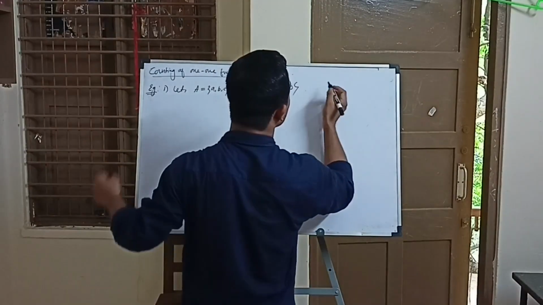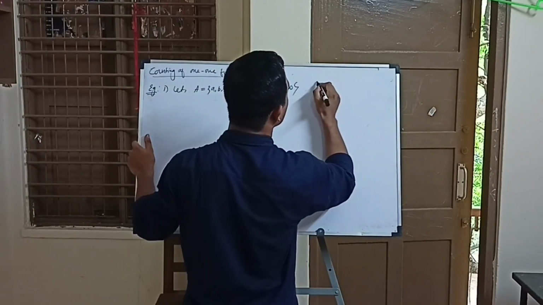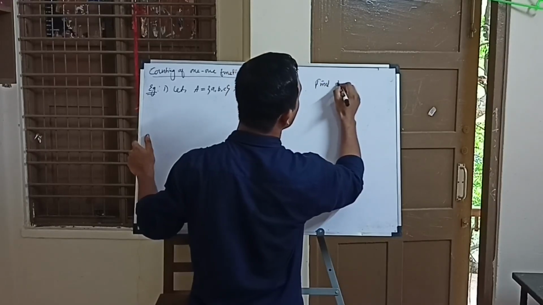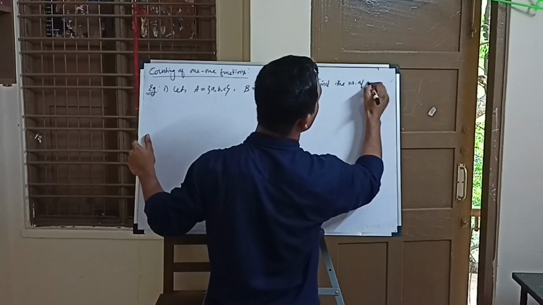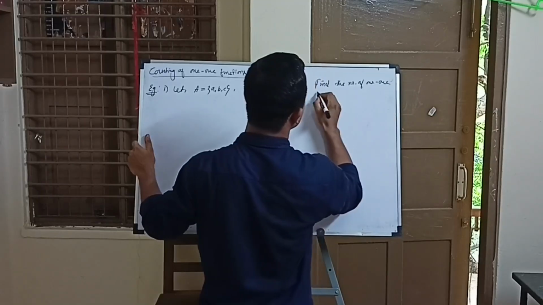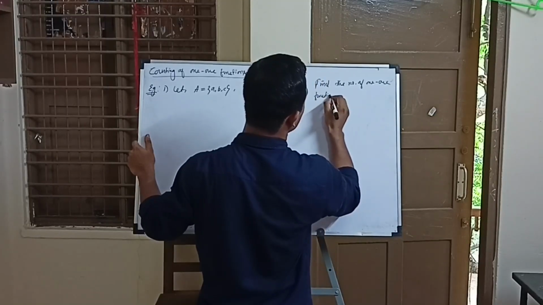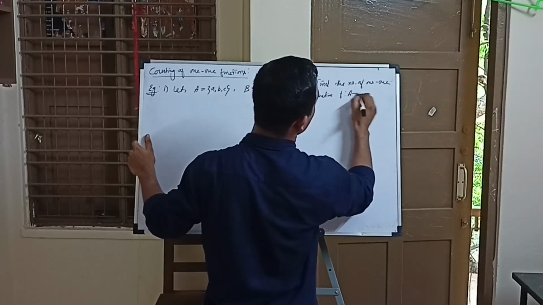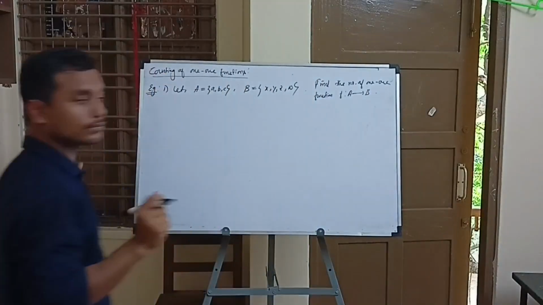The question is: find the number of one-one functions f from A to B.